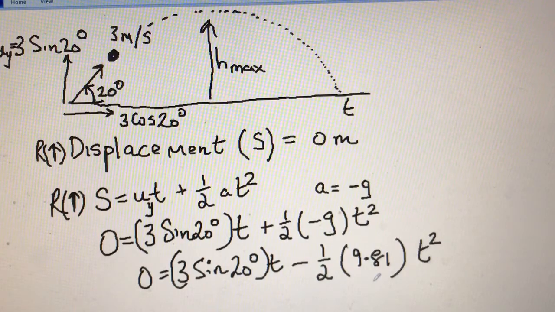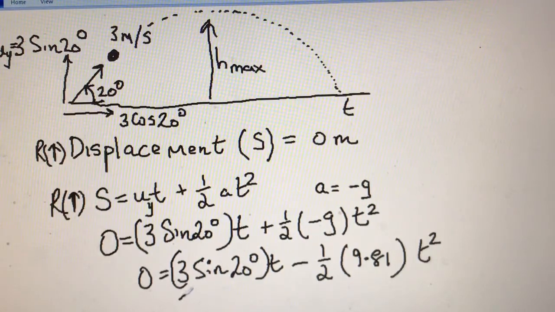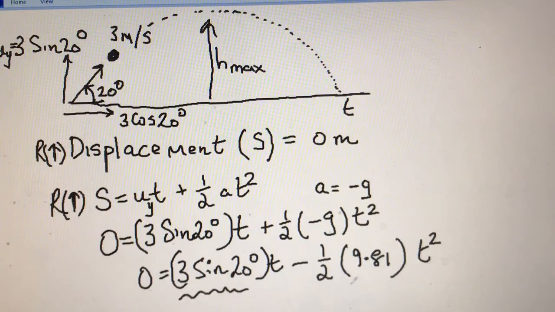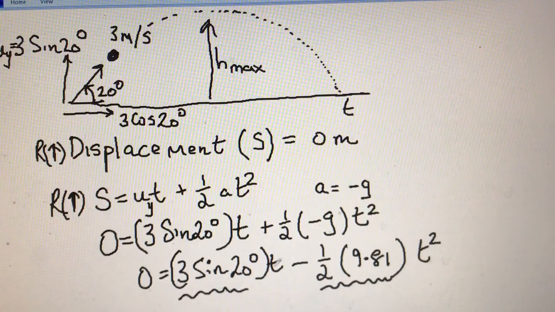By doing that, we've got a quadratic equation. We can solve it by calculating 3 sine 20, and the half times 9.81, so we have a number multiplied by t, minus half times 9.81 t squared, equal to 0.